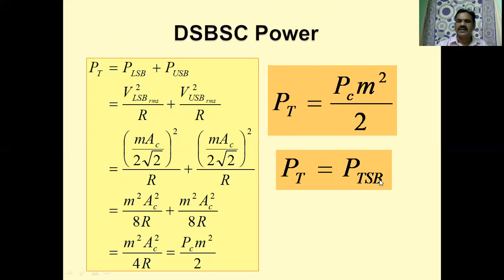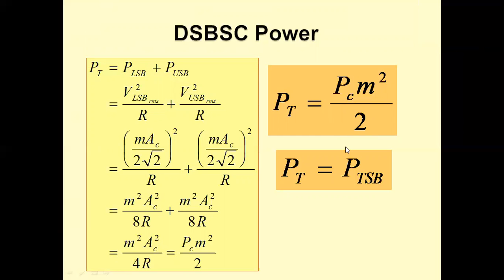Hence the total power of the DSBSC signal is equal to the total sideband power PTSB, which is equal to Pc into m square by 2. So the total power of the DSBSC modulated scheme is equal to the total sideband power, which is equal to Pc into m square by 2.